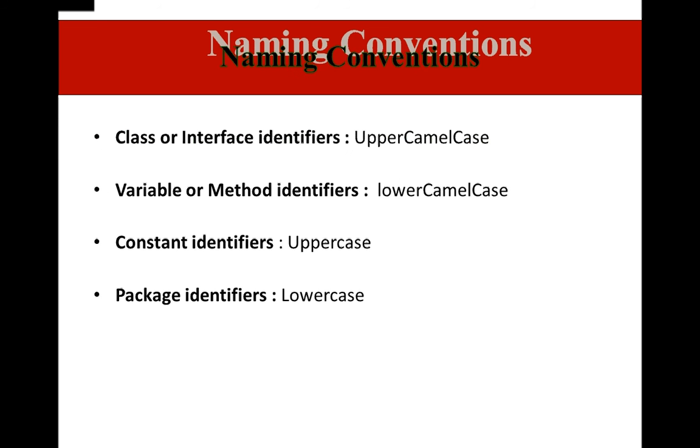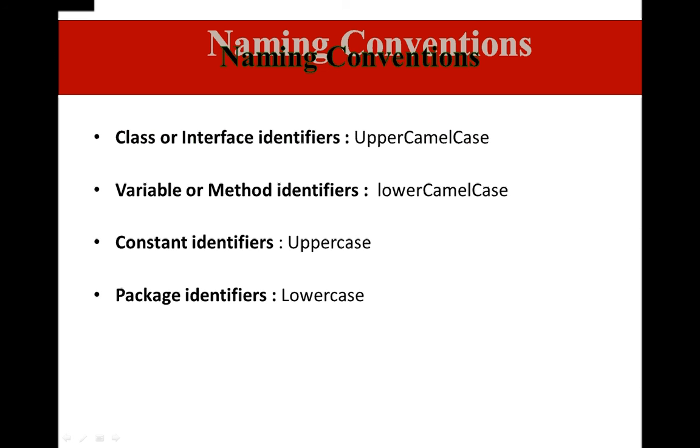And coming to these naming conventions, when you write the class name, we use an identifier, right? That time you are supposed to use upper camel case. By the name itself you can understand every starting letter of the word should be capital. And for variables and methods we have to use lower camel case.